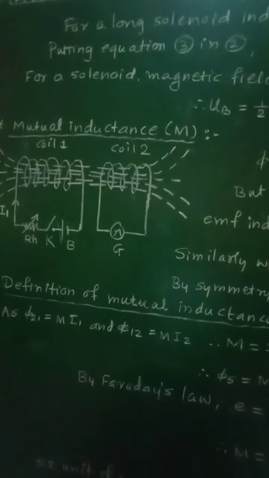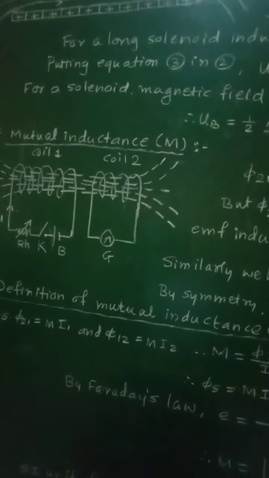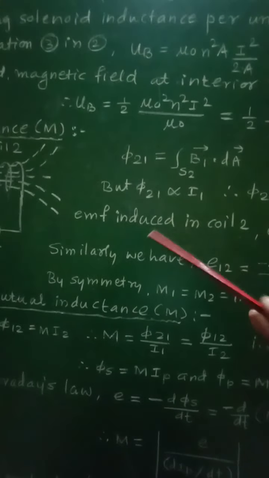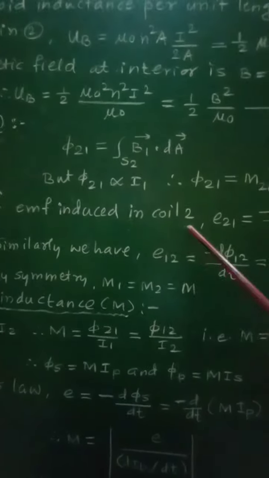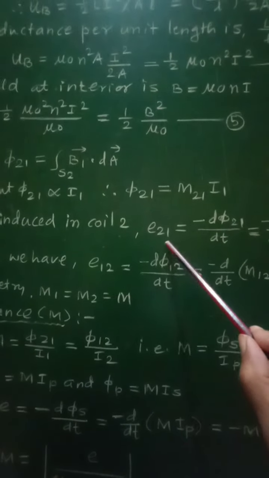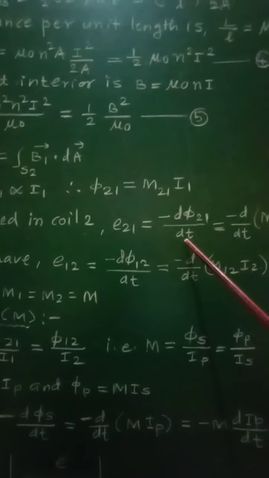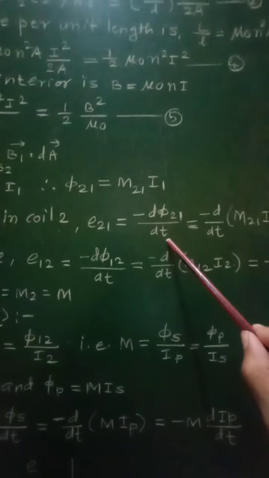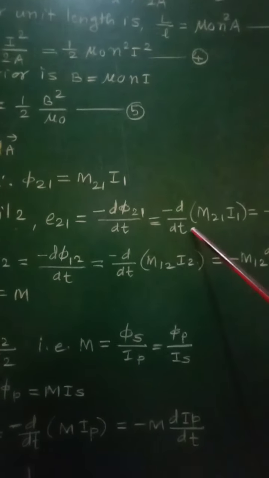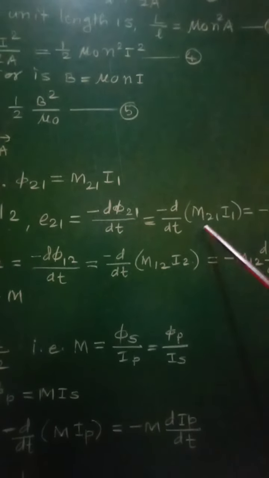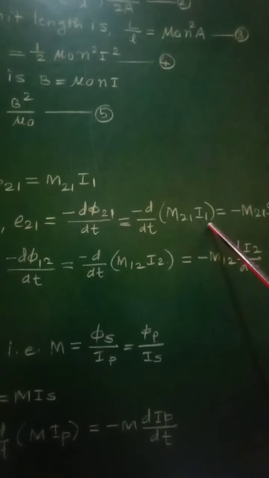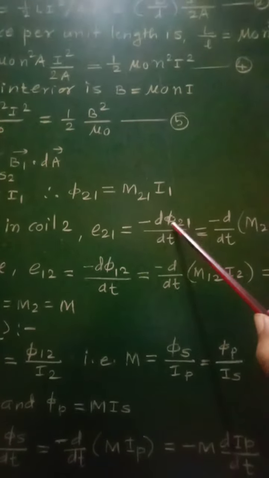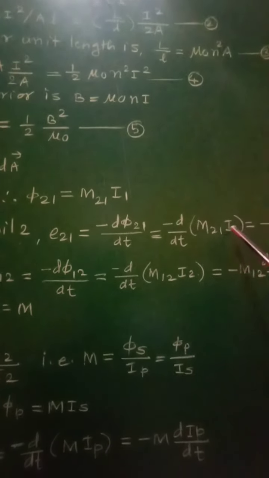EMF will be induced in coil 2, and that EMF induced in coil 2 will be given as E21 equal to minus d phi 21 by dt, that will be equal to minus d by dt of M21 I1, because this phi 21 is M21 I1.